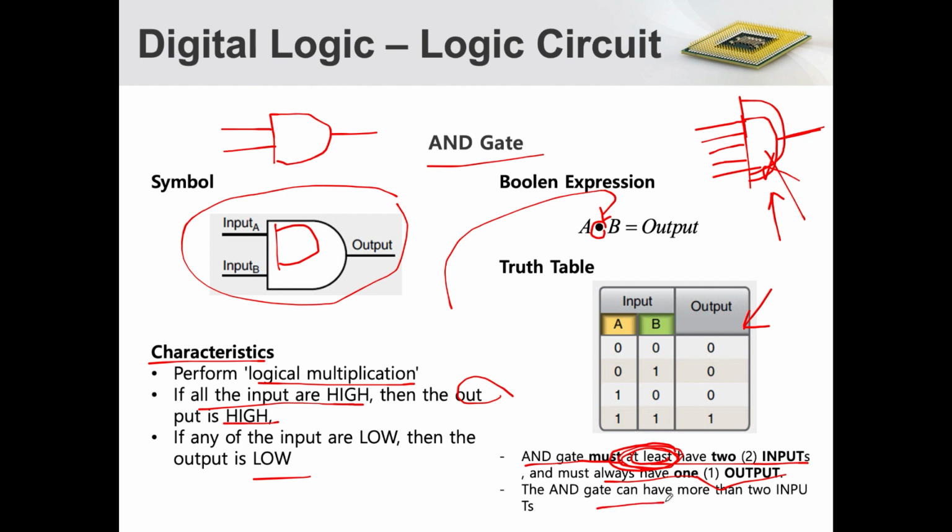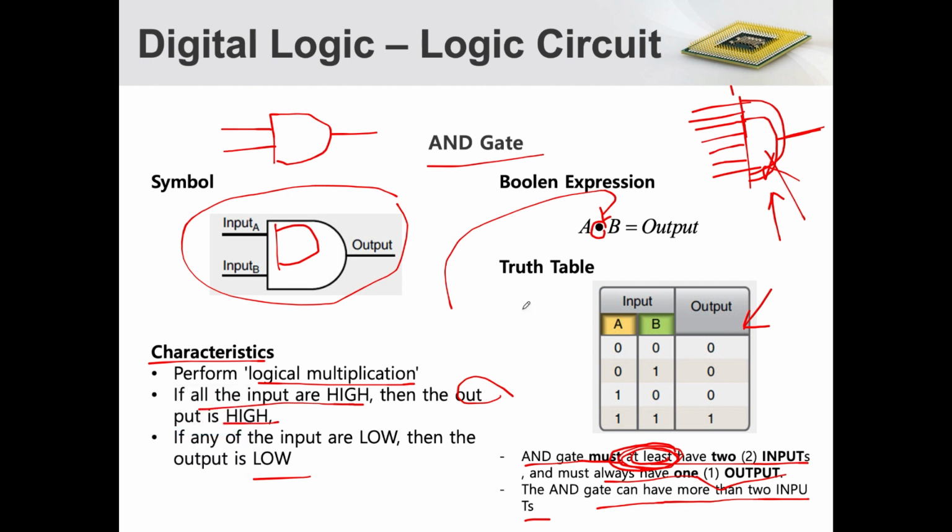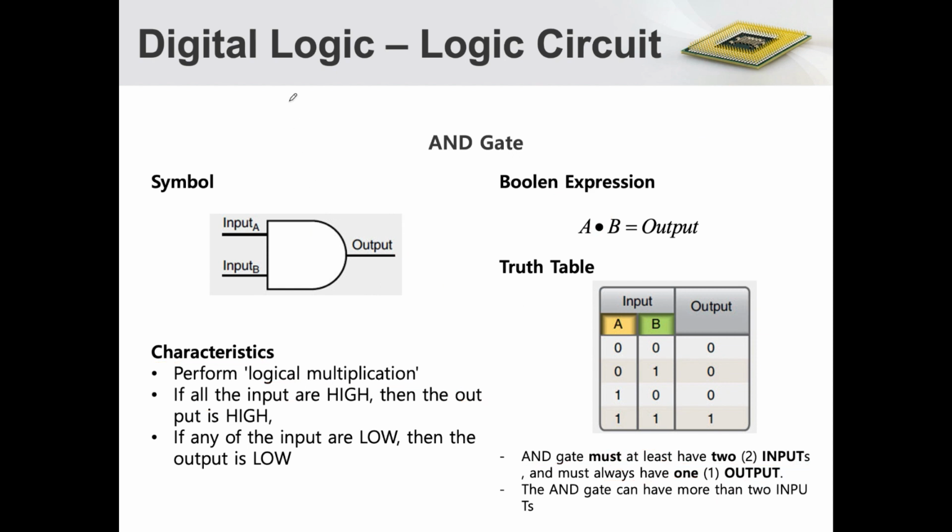An AND gate can have more than two inputs. Okay, this is the normal or simplest AND gate, but it is mentioned here you must have at least two, and you can have more than two inputs.